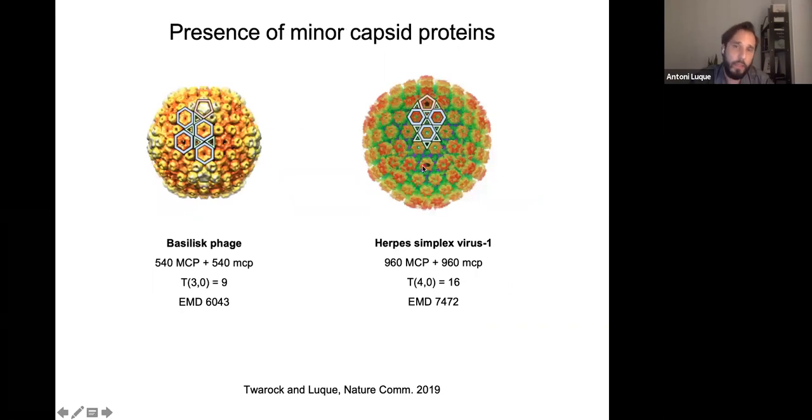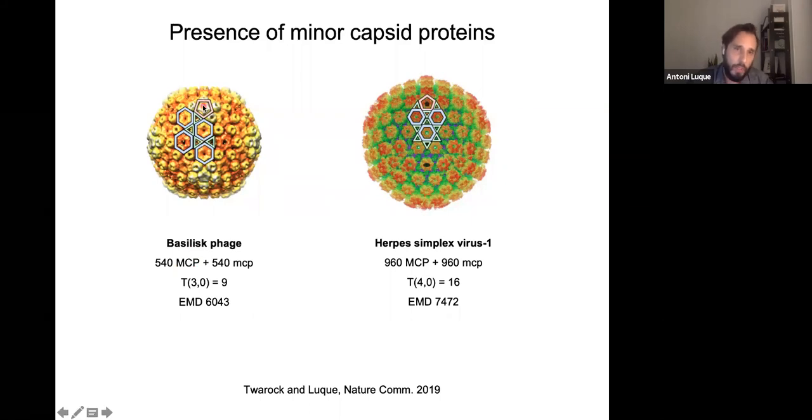Another set of outliers is when you have minor capsid proteins, because the theory didn't predict that you could have major and smaller proteins building the structure. And these 2 examples follow a similar lattice. This is a phage, a Bacillus phage, it infects bacteria. It was classified as a T9 because it had 150 major capsid proteins, so it fit on the stoichiometry.